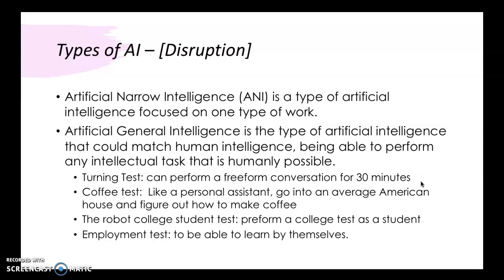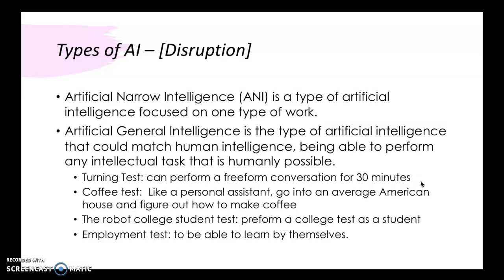The second type is the coffee test. The robot works as a human assistant, and if it gets into a house, it has to be able to figure out where the cup is in the cabinet, take the cup out, make a coffee, and get it ready. So that's the second type. There is another type like acting as a college student who can study and pass a test.